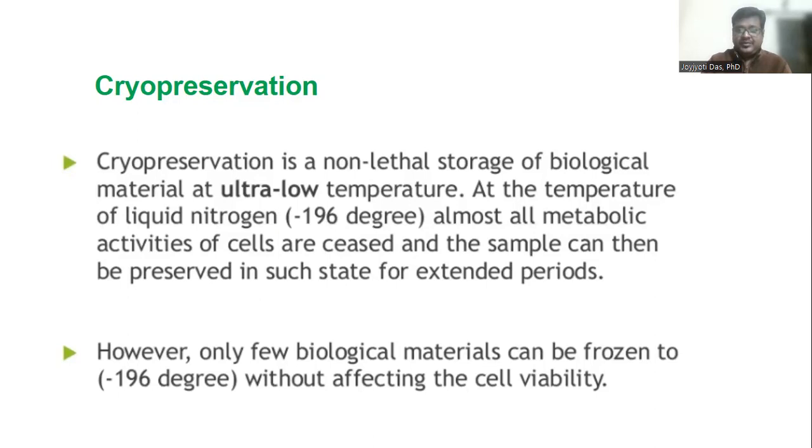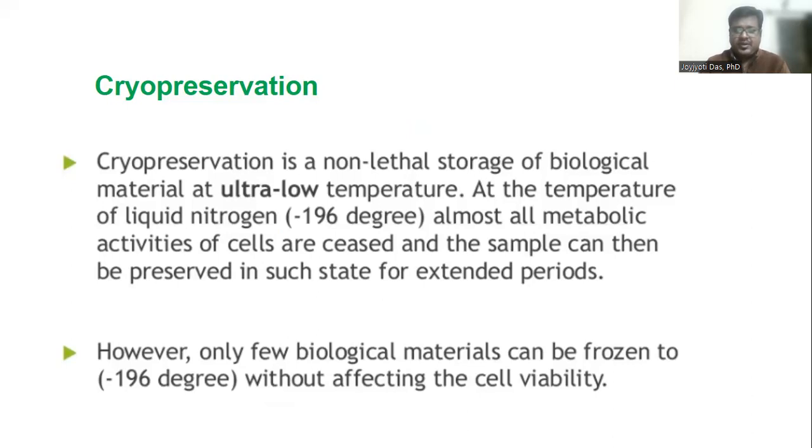That particular technique is a very important technique when it comes to animal cell culture, and it is called cryopreservation. Cryopreservation is a non-lethal storage of biological material at ultra low temperature. So, what temperature range are we talking of?